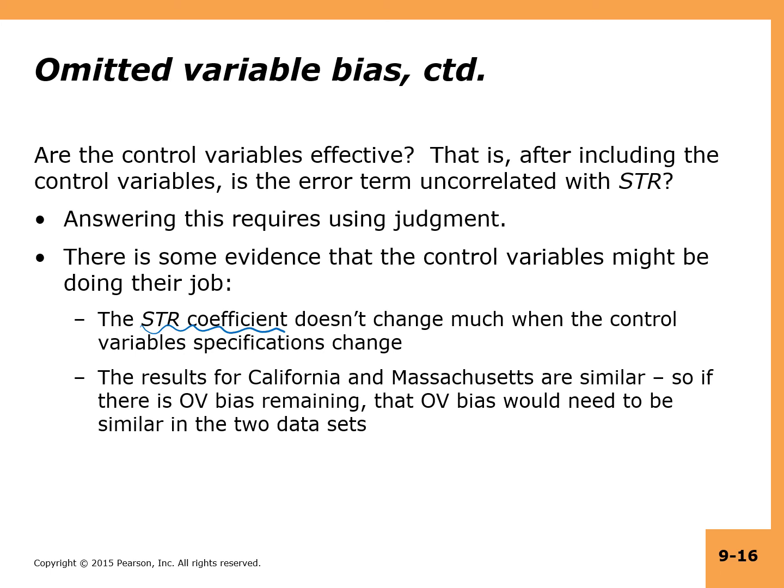And also, if there is an omitted variable bias, then just because the coefficients for both the California and Massachusetts data were similar, the omitted variable bias for both of these data sets must be similar as well.